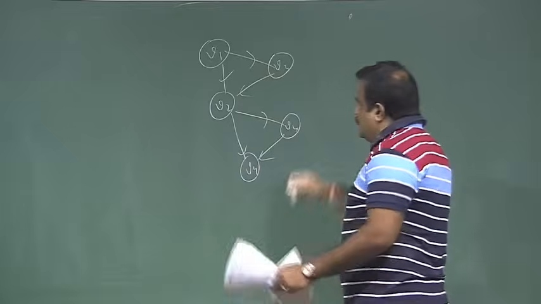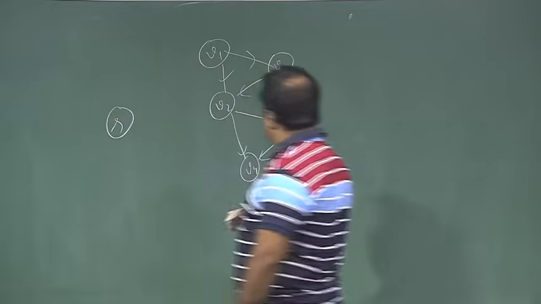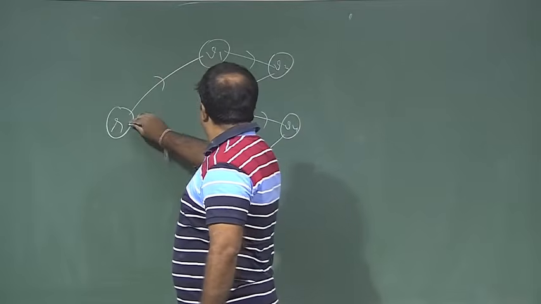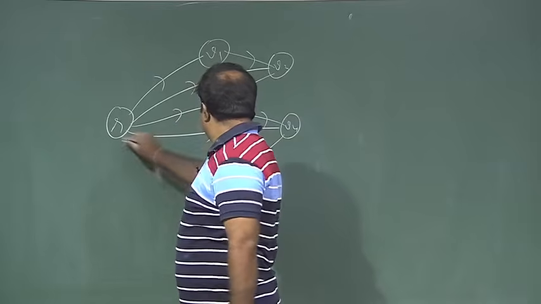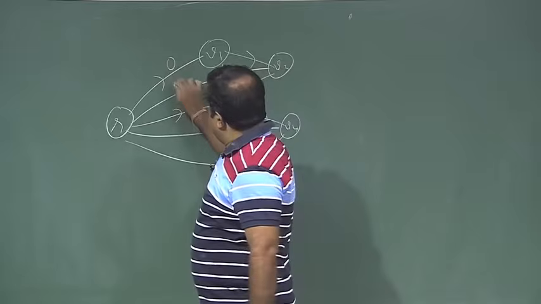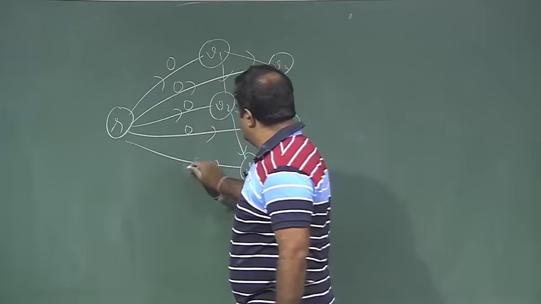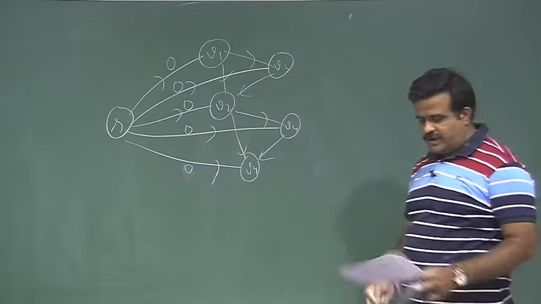This is a constraint graph coming from that difference constraint system. Now we are adding a vertex, and from this vertex we are adding edges to all other vertices, and we are assigning weight 0 to these newly added edges, for all other vertices.